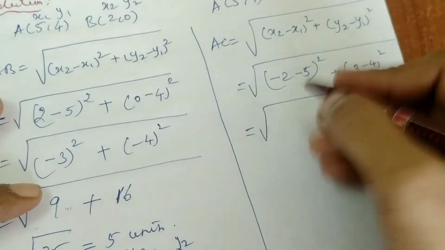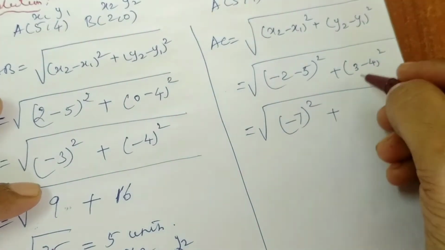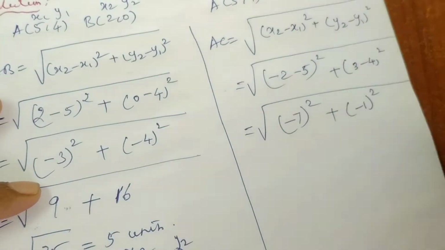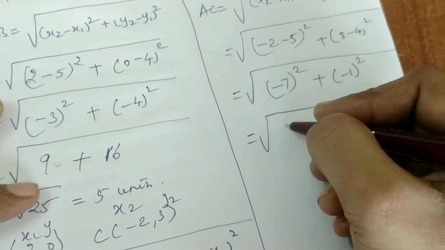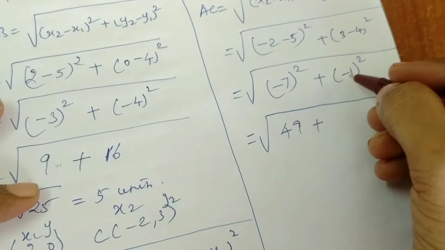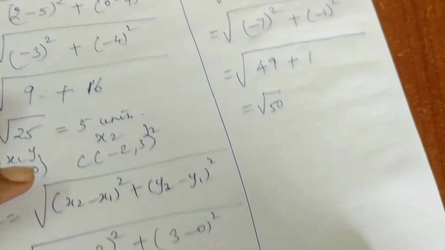Minus 2 minus 5 is minus 7, squared is 49, plus (3 minus 4 is minus 1) squared is 1. So square root of 50.